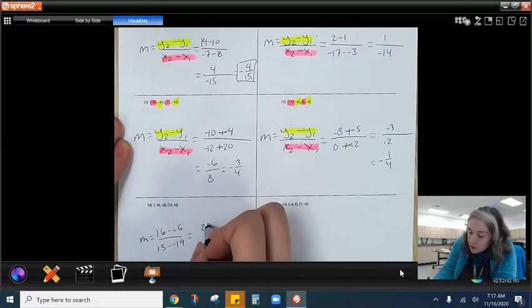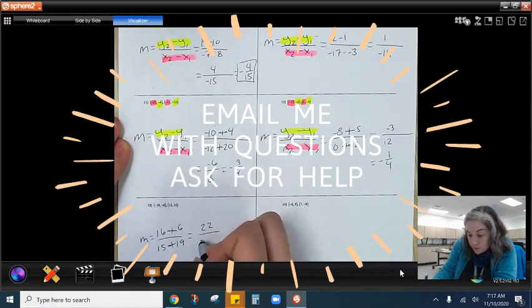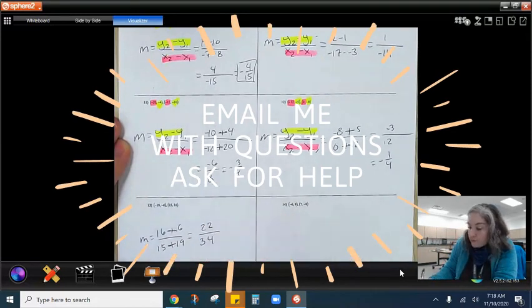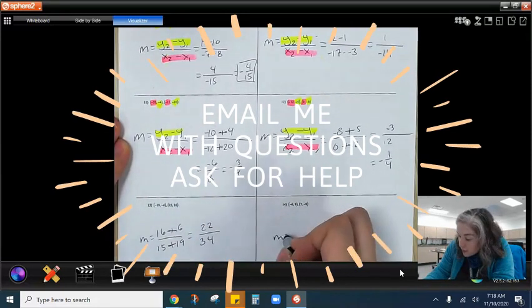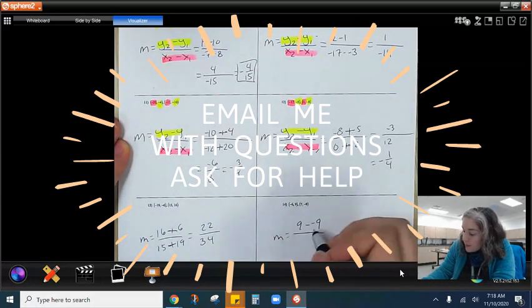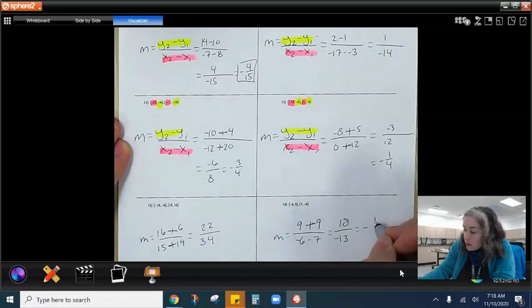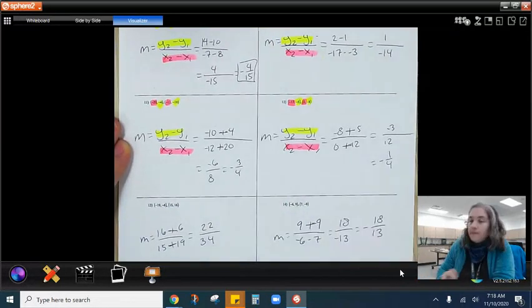So that gets you 22, because these are really addings, over 34. And then for this one, you should have 9 minus negative 9, and then negative 6 minus 7. This turns into an adding, so it gets 18 over negative 13. So that'd be negative 18/13.